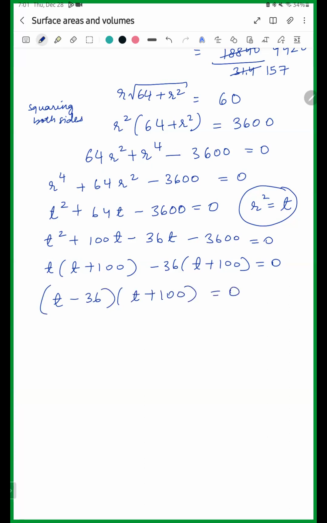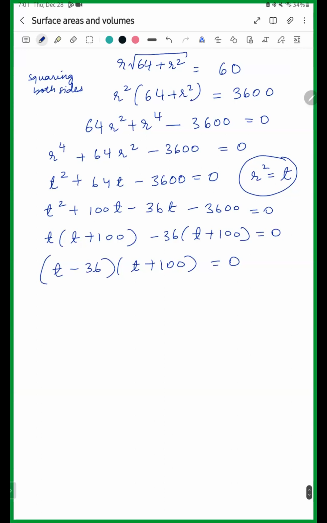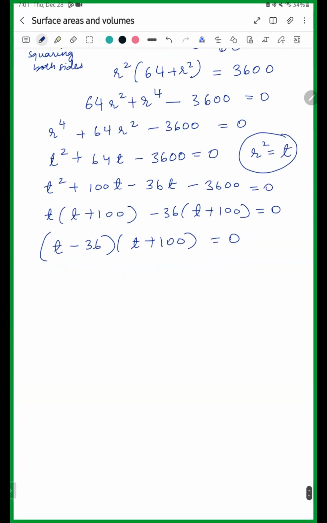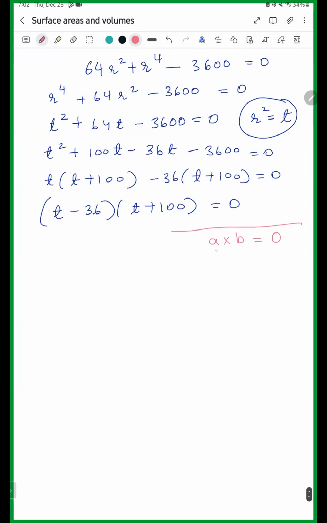Now see, here is a concept, take close attention to this, okay? If you have two numbers whose product is 0, then that means either of these two numbers has to be 0. Only then you are getting 0, right? Either A is 0 or B is 0. For example, if I say 5 into something is 0, then you know for sure that the other number has to be 0.